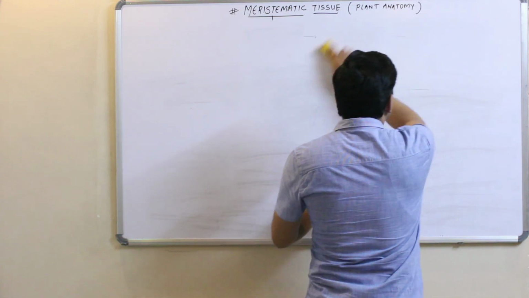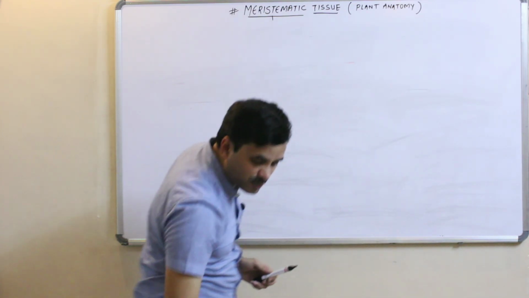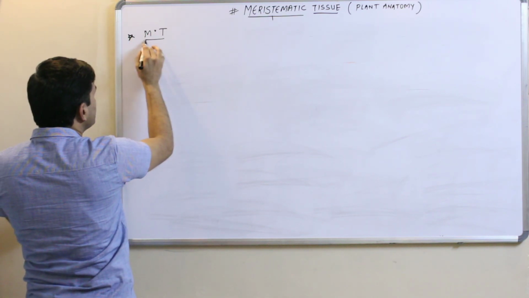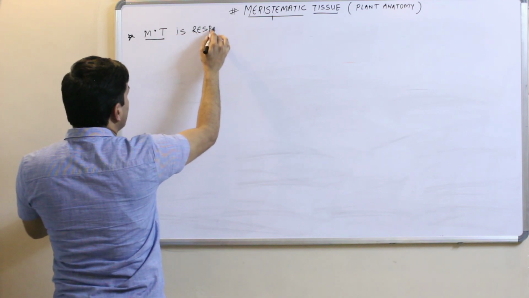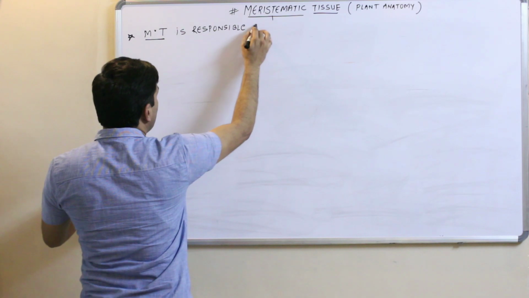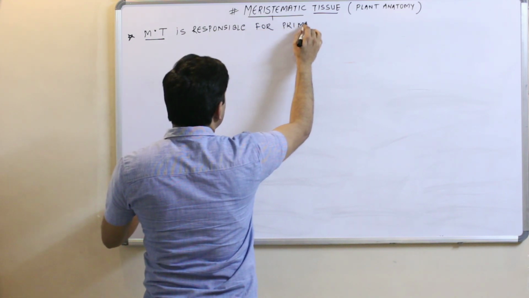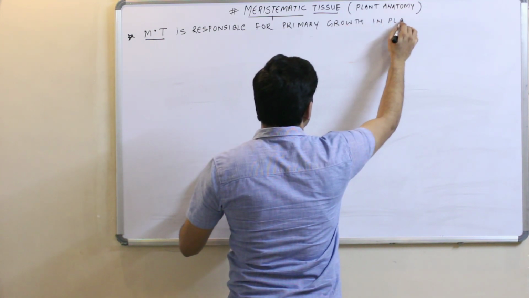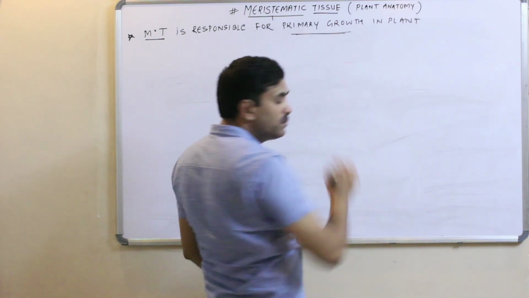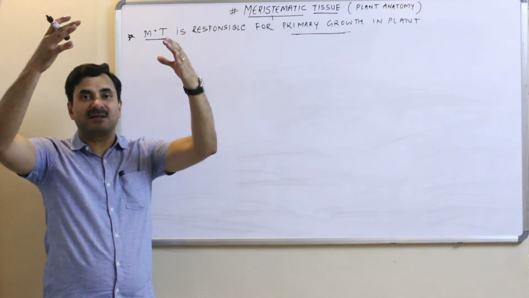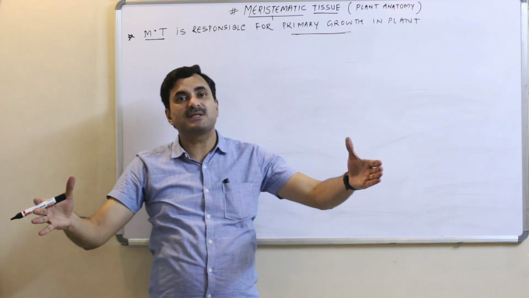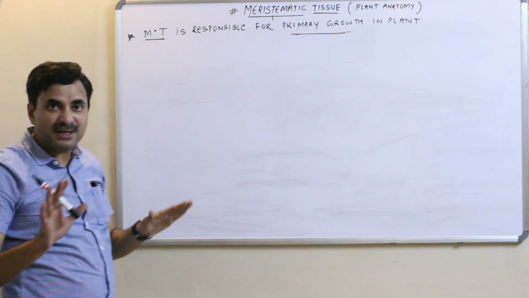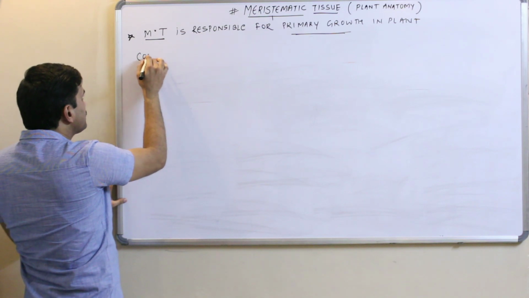So what I want to say here is that meristematic tissue is responsible for primary growth in plants, and because of primary growth, the plant increases in length, and because of secondary growth, the plant increases in width. So it is primarily responsible for the primary growth in plants. Is it clear?